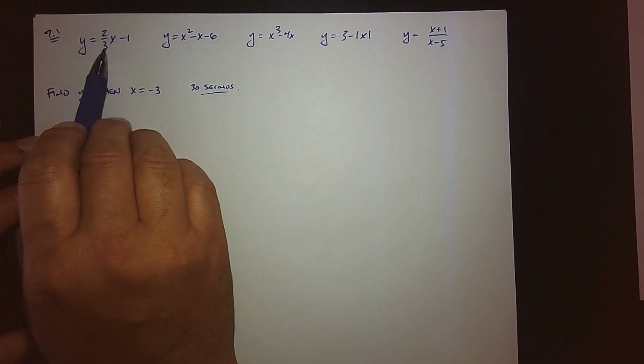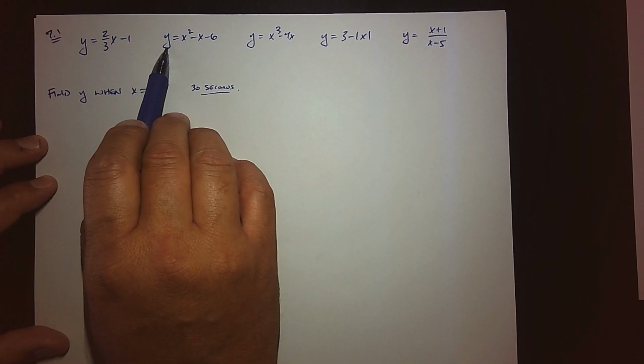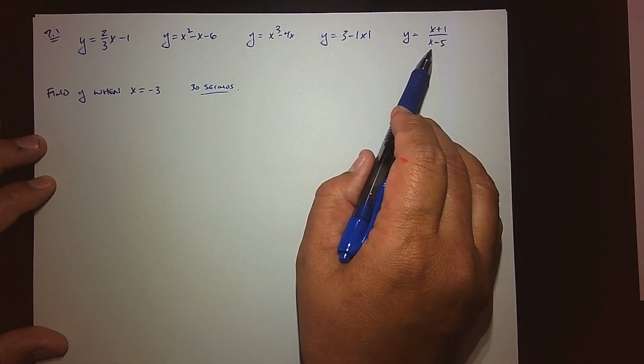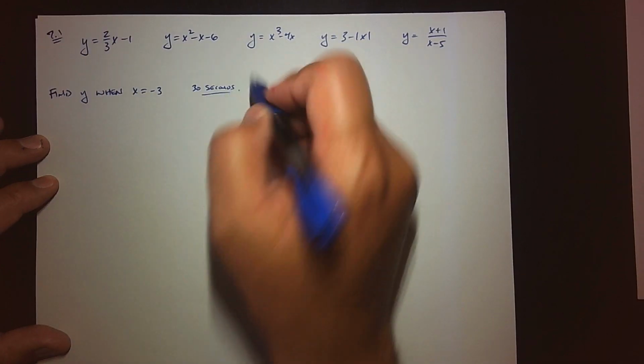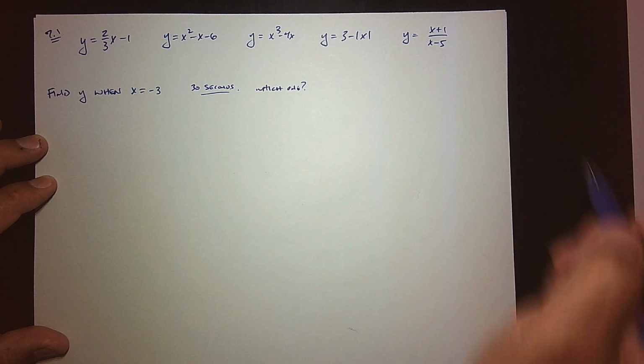Right? Because if I put a -3 here, I'll get a y value. If I put a -3 in here, I'll get another y value. If I plug it in here, I get another, and so forth and so forth and so on. So the next question, which you guys should hopefully be asking, is which one?